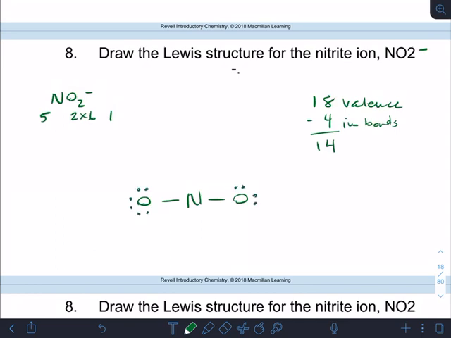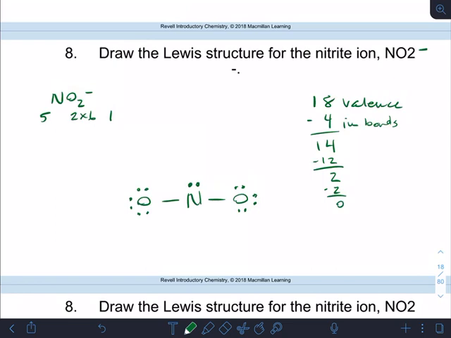Means that I've got 14 left to put on my molecule. Fill my outside octets first. Okay, so that takes care of 12 electrons, meaning I've got 2 left to put on my central atom. So we go there. Now I've put all of my electrons in my molecule.